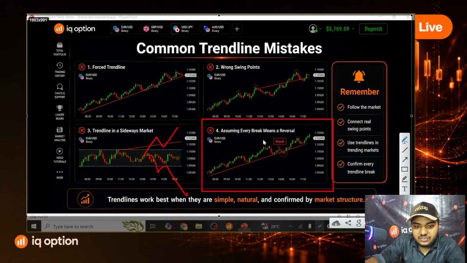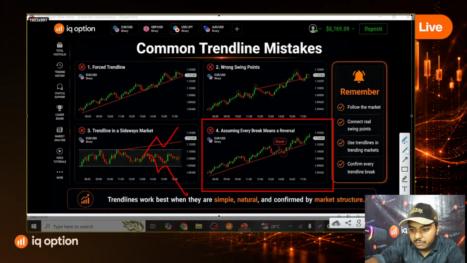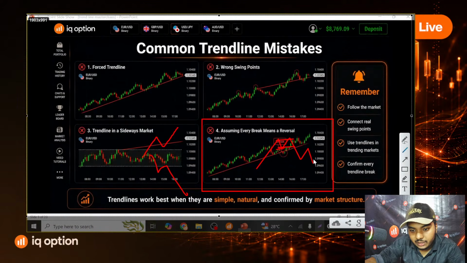And for the last, assuming every break means a reversal. As you already know what a breakout is, what a real breakout is, and what a false breakout is. A real breakout means the structure must be changed. A mitigated higher low is broken, and then the market also makes lower highs and lower lows.